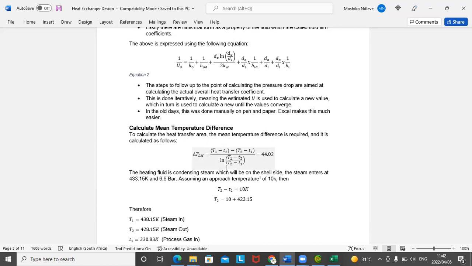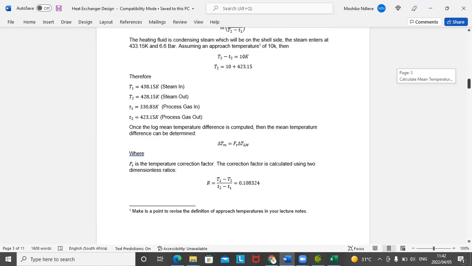You would then have to look at that. As I said, you need to take time to go through the whole approach temperatures and how counter current and counter flow works, right?